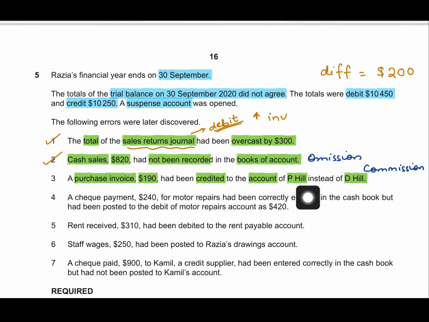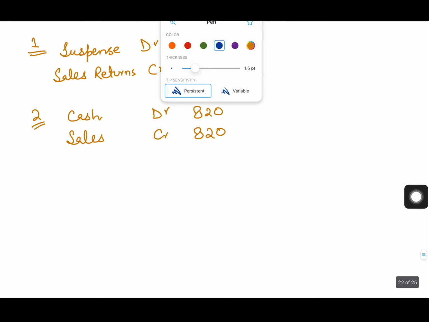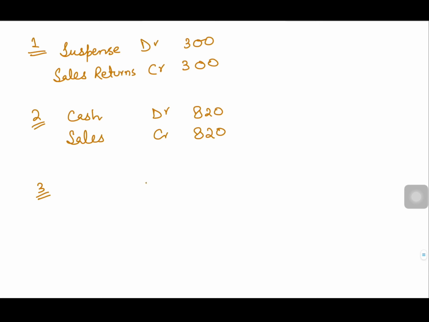First of all, the entry is not made in the original supplier's account, that was D Hill. D Hill should have been credited. So now we will be crediting D Hill first. So error number 3 will be corrected by D Hill being credited by 190, and we incorrectly credited P Hill.